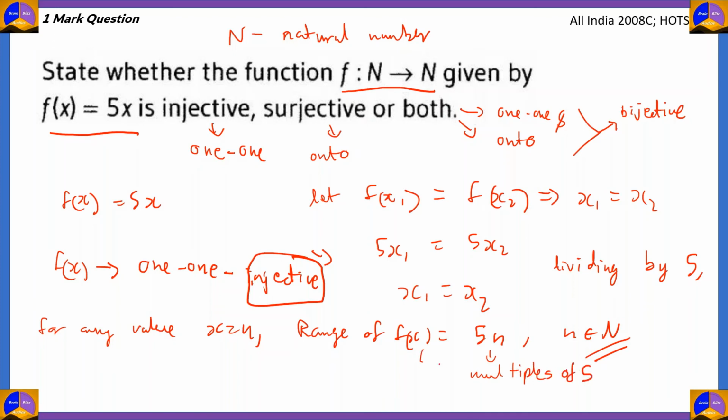So the range only contains multiples of 5. But our codomain is the set of all natural numbers. That includes both the multiples of 5 and numbers which are not multiples of 5. So over here, our range is not equal to the codomain due to the existence of values in the codomain which are not multiples of 5.